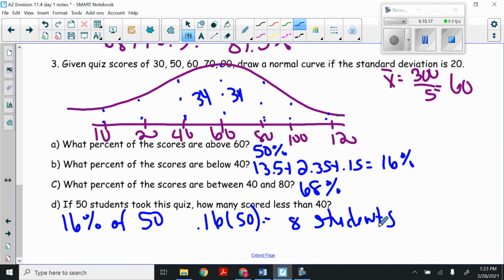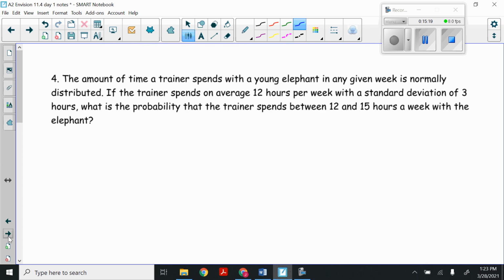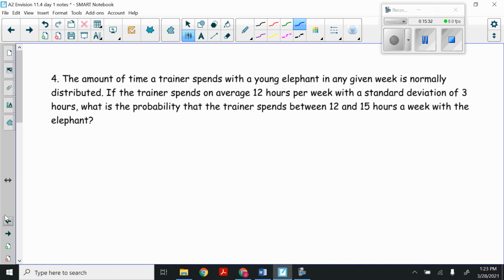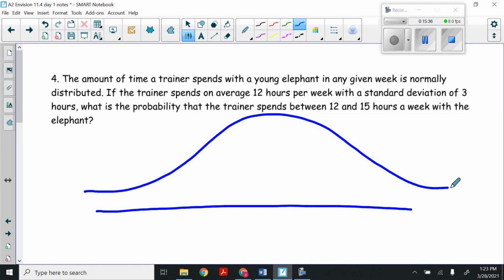Let's do a few more of these together. Number 4, the amount of time a trainer spends with a young elephant in any given week is normally distributed. If the trainer spends on average 12 hours per week, okay, so we're going to go ahead and draw our curve. So my average is 12 with a standard deviation of 3.